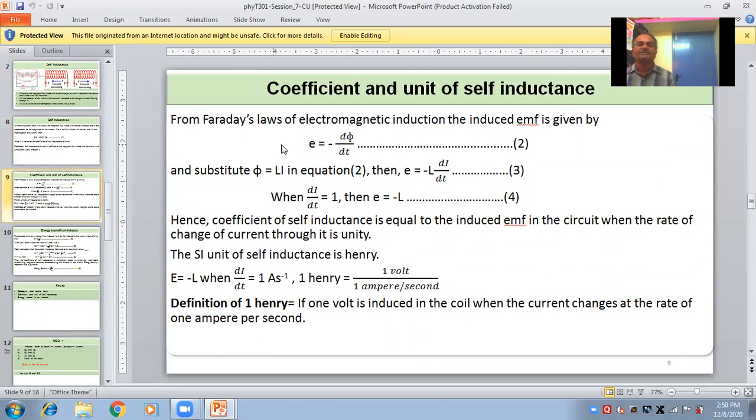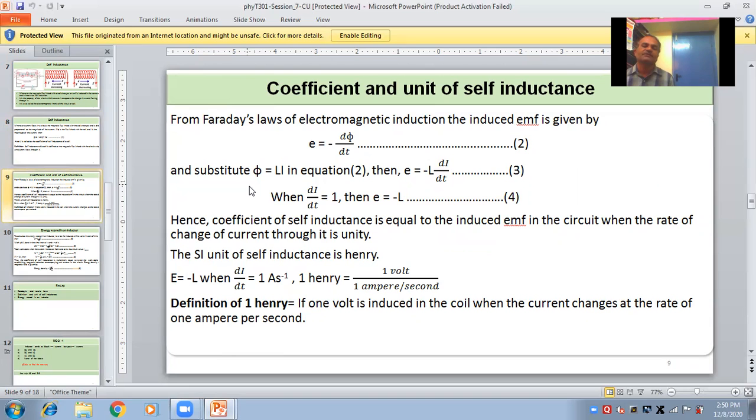From Faraday's laws of electromagnetic induction, as I explained, the induced EMF E is given by E equals minus d phi by dt. d phi by dt is the rate of change of flux, and that is equal to the induced EMF. The negative sign comes because this induced EMF sends a current which opposes the external current, or which opposes the change in the flux.